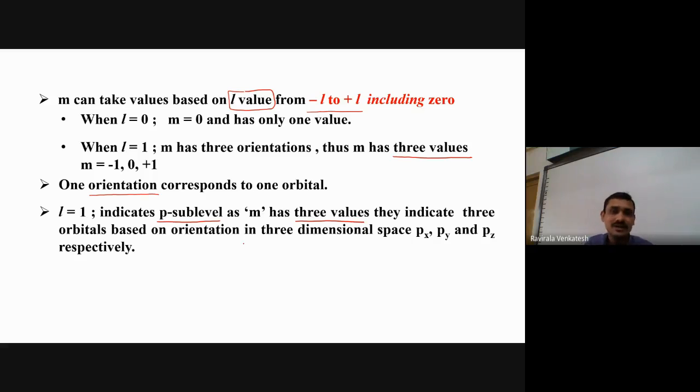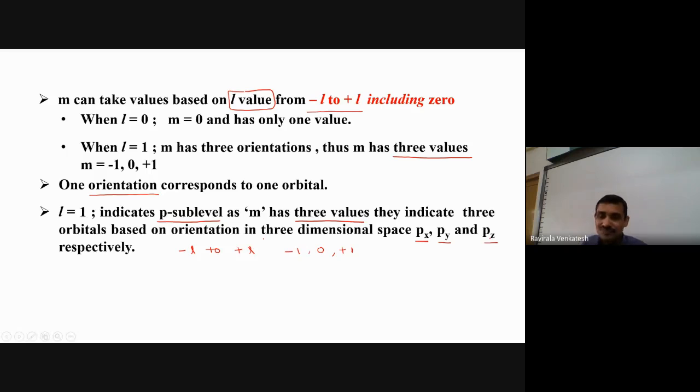They indicate minus l to plus l. That means minus 1, 0, plus 1. Now, the orbital is oriented in three-dimensional space with px orbital, py orbital, and the pz orbital.